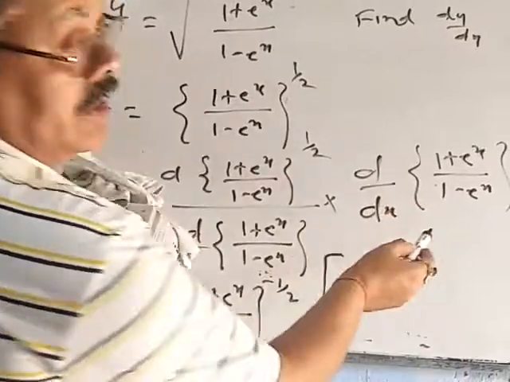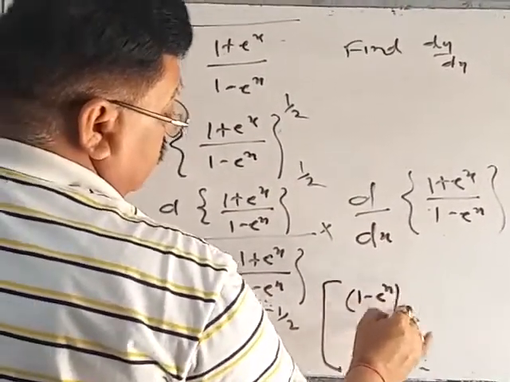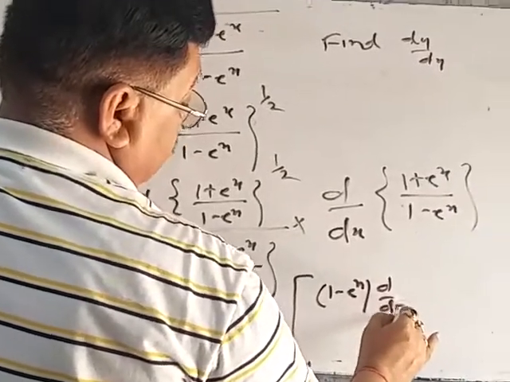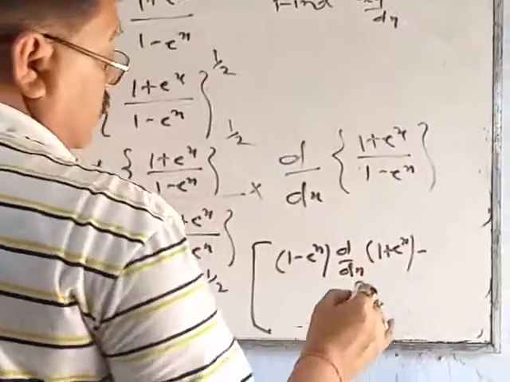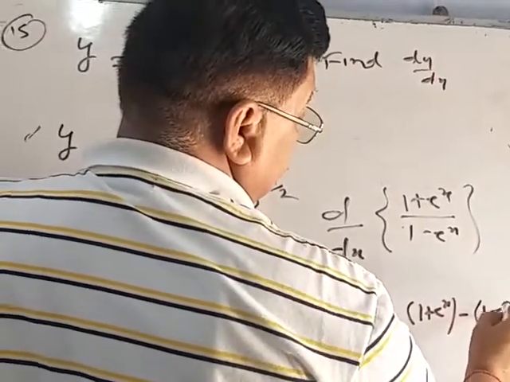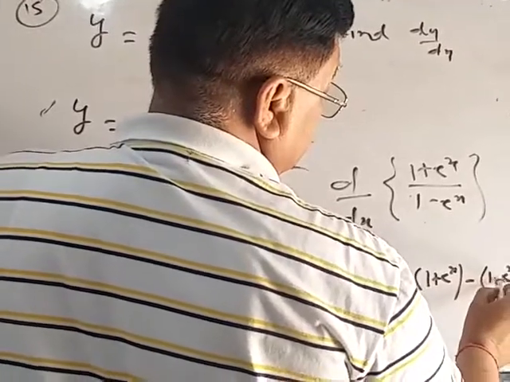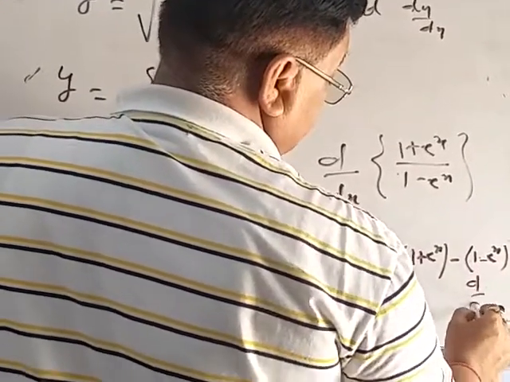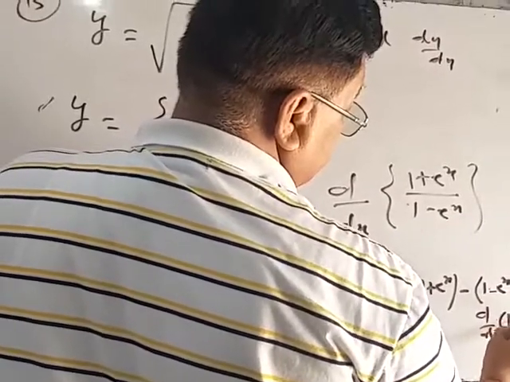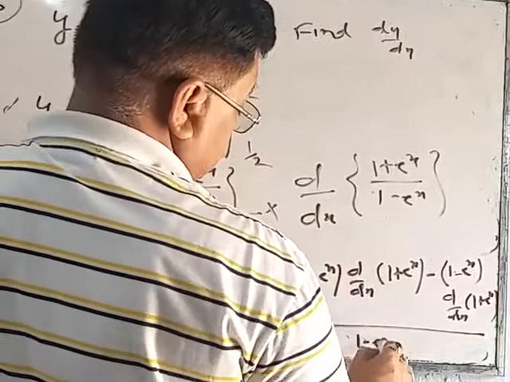It is numerator by denominator, so denominator times derivative of numerator minus numerator times derivative of denominator, and denominator is squared.